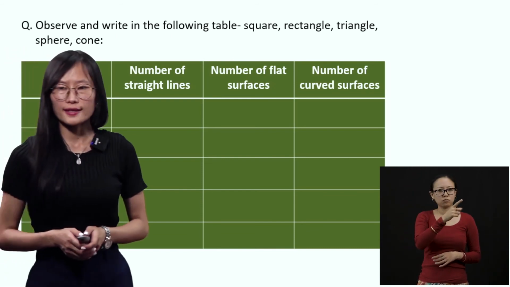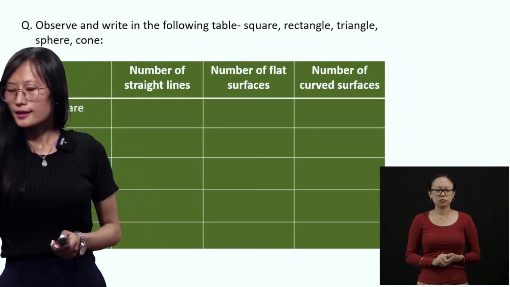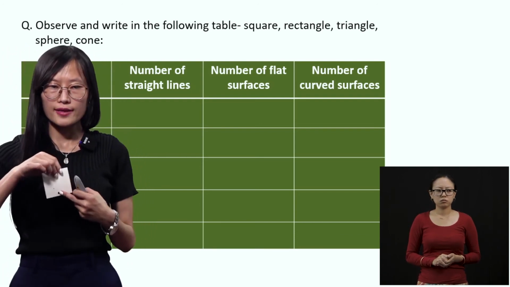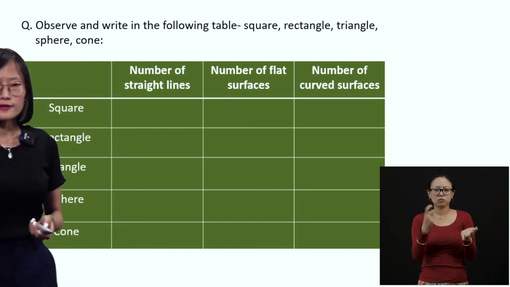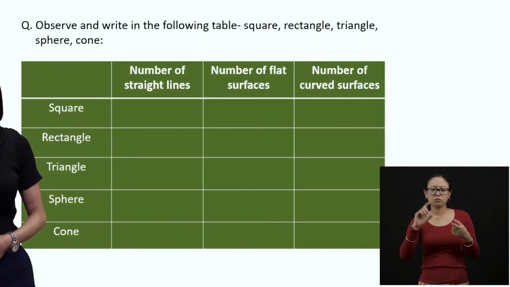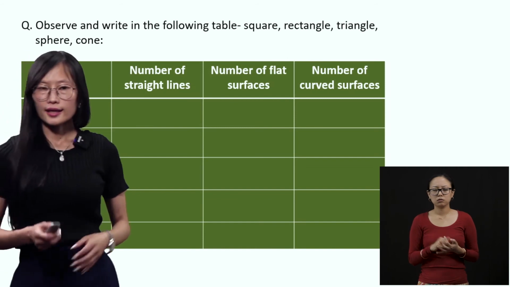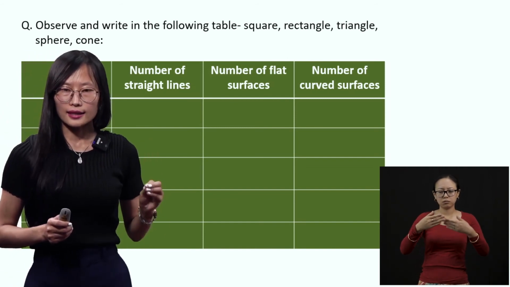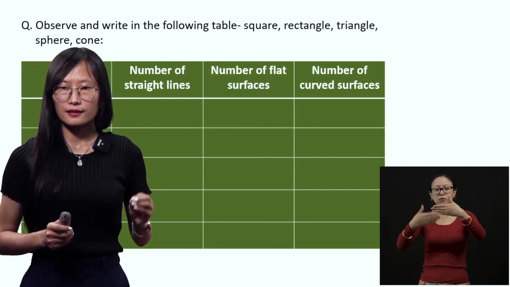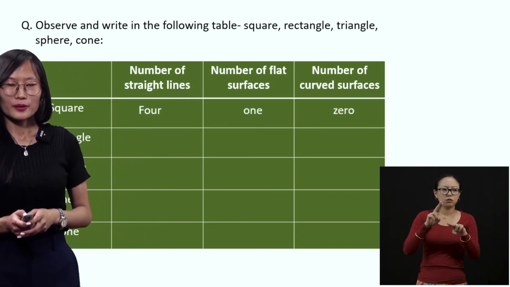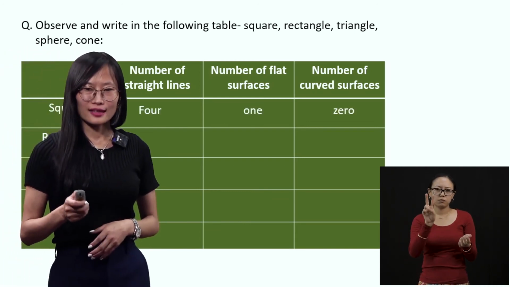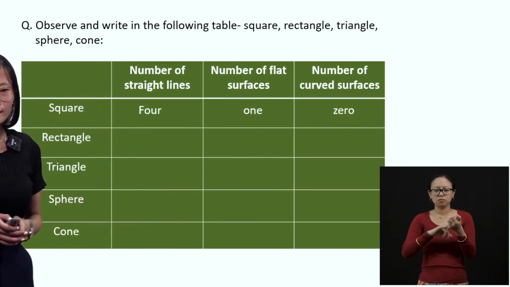And number of flat surfaces, like I said, is just 1, right? So you will write 1. And number of curved surfaces? In a square it is just straight lines and it doesn't have any curved surface. So we will write 4, 1, and 0.